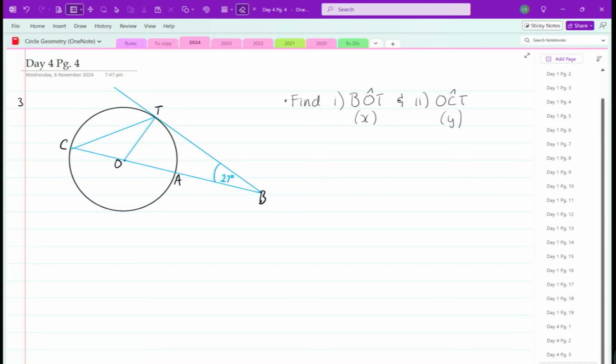You don't have to write on. No, the reason is because in OCT, C is where you are.